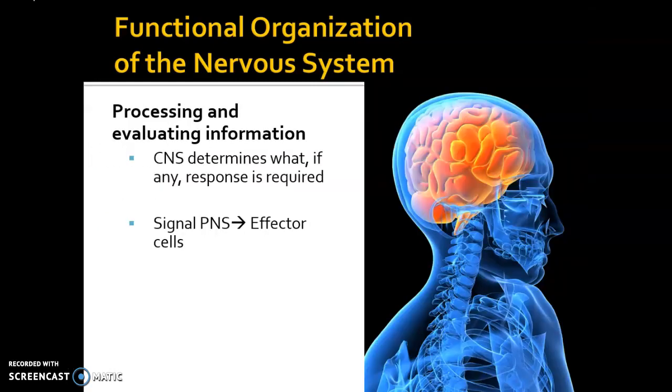Once the brain and the spinal cord receive the information, they process and evaluate it, and then ultimately the central nervous system sends out a motor command to the peripheral nervous system and ultimately to the effectors. Now, what are effectors? Effectors are structures or organs that receive the command from the central nervous system.